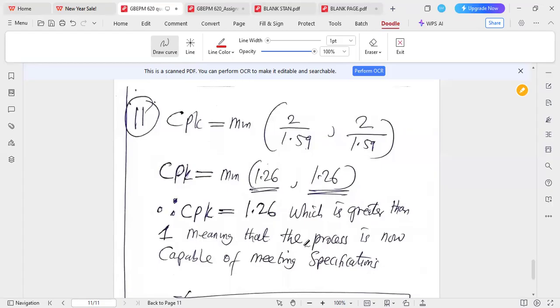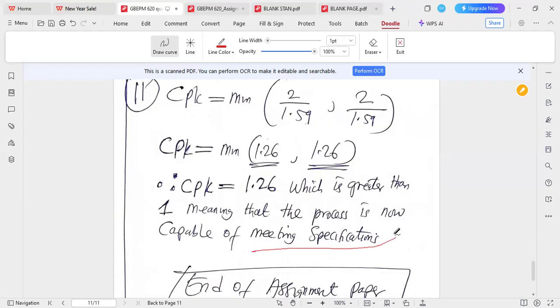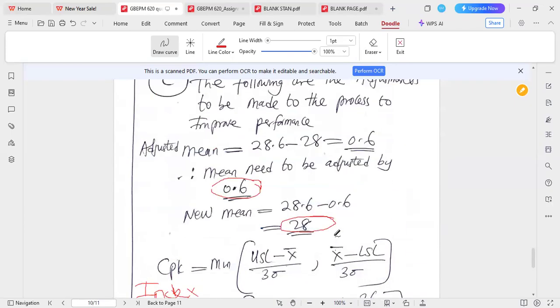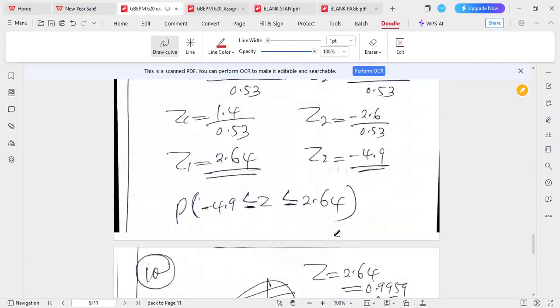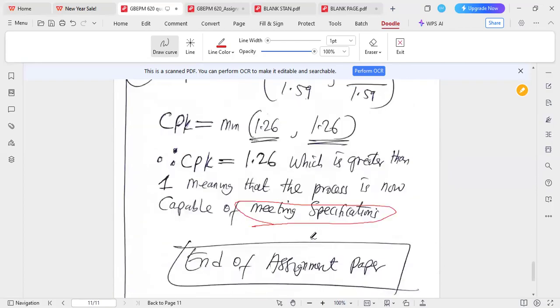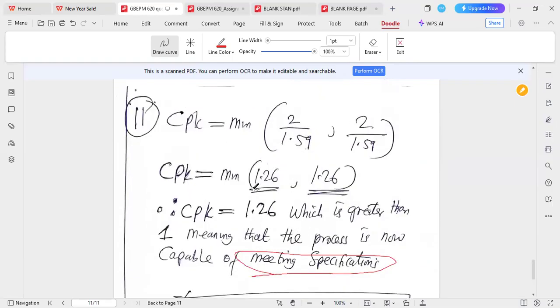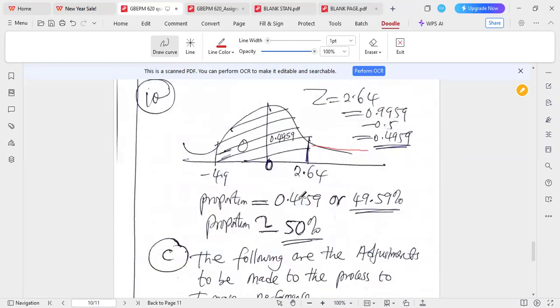Meaning that the process is now capable of meeting the specifications. It has given us the same values, 1.26 and 1.26.